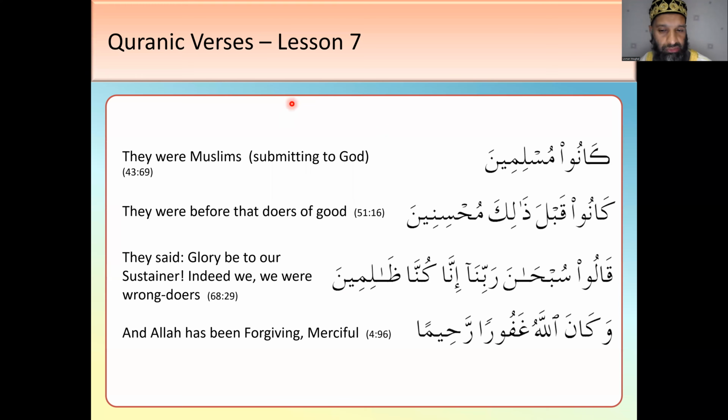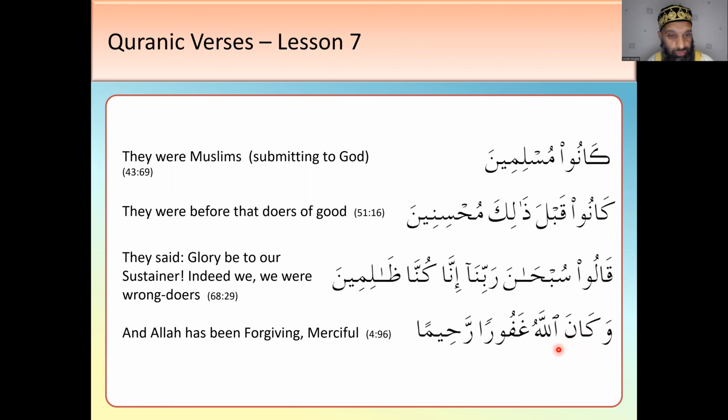Maybe the last verse. So, wakana, and he was. And Allah was. And Allah has been. We'll just keep the translation. You won't know yet why Allah is the one who has been.